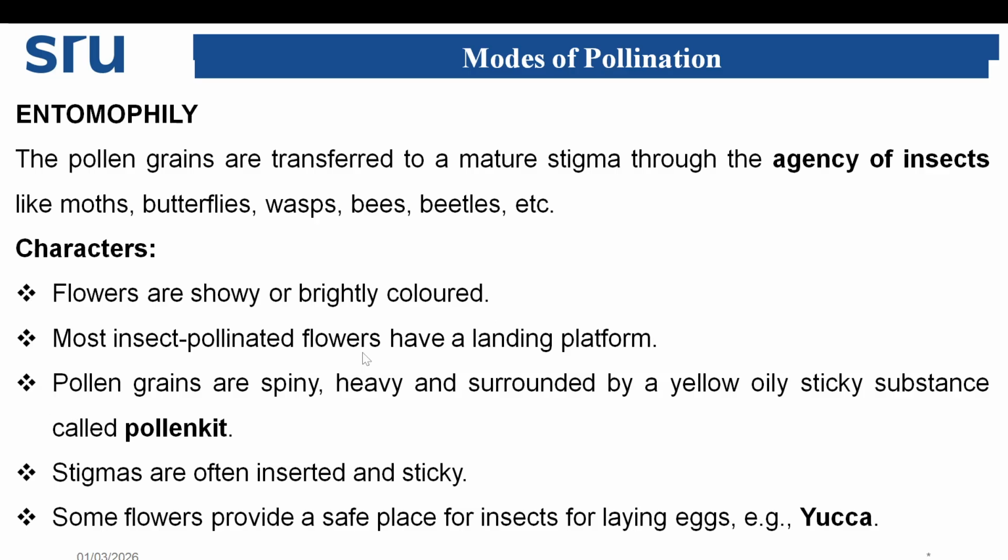Most insect-pollinated flowers have a landing platform. Pollen grains are spiny, heavy and surrounded by a yellow oily sticky substance called pollen kit. Stigmas are often inserted and sticky. Some flowers provide a safe place for insects for laying eggs.